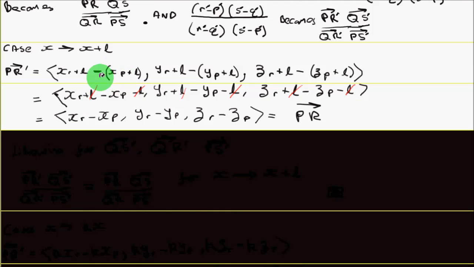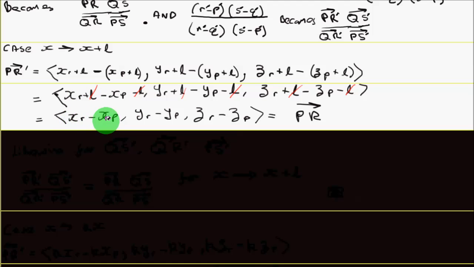Now, if we expand the brackets, distributing the minus inside, the x component becomes x sub r plus L minus x sub p minus L, and similarly for the y and z components. Now it's plus L and minus L, so they cancel out.